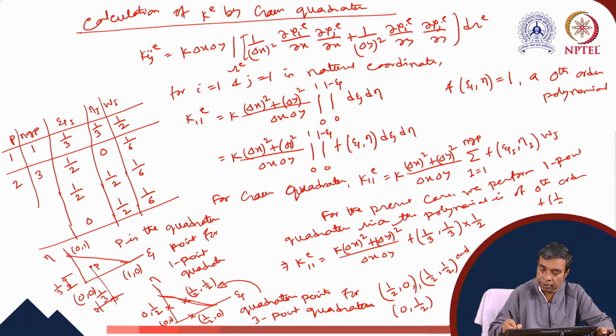Function of 1/3 equals 1. W1 equals half. So this gives us k11 e equals k into delta x whole square plus delta y whole square divided by 2 delta x delta y.